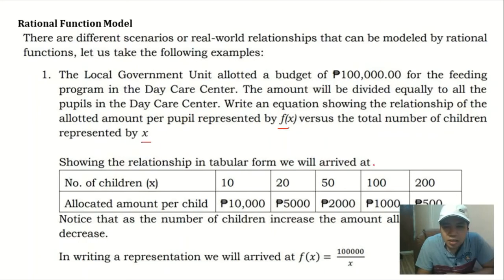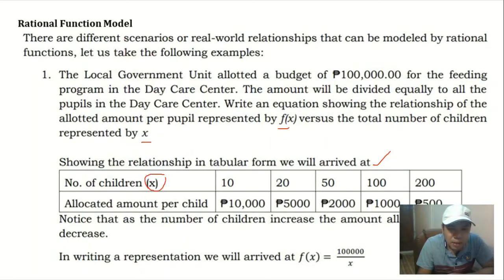So, assuming given na yung table, kasi pwede naman tayo magbago ng values dito. 10, 20, 50, 100, 200, pwedeng 100 na yung start, 1, 100, 200, 300, 400, 500. Okay lang yan kasi magbabago ang value ni x.